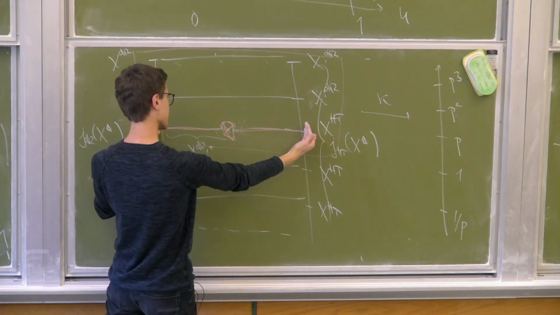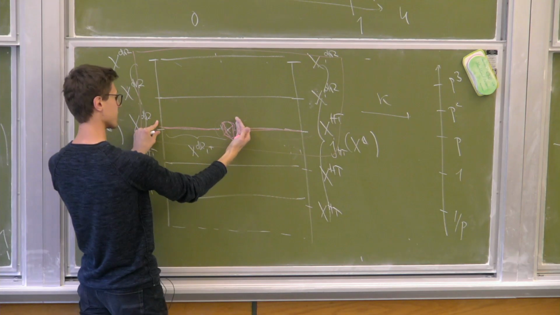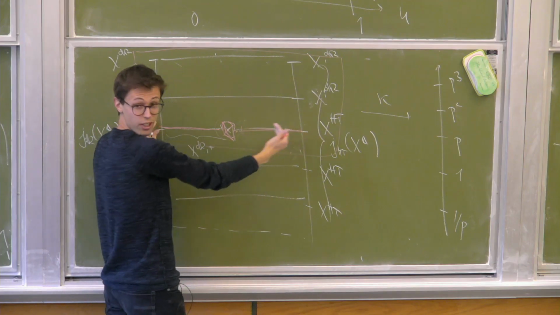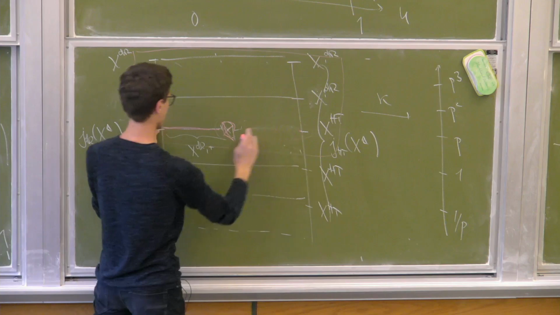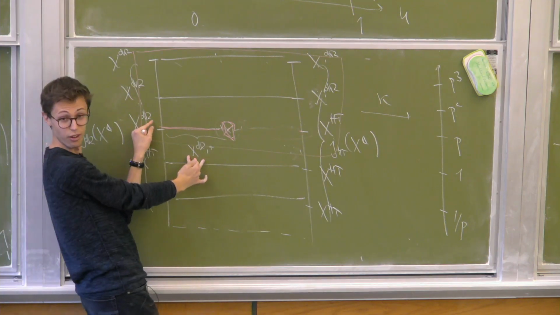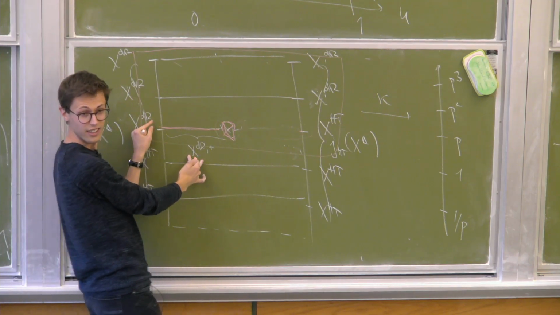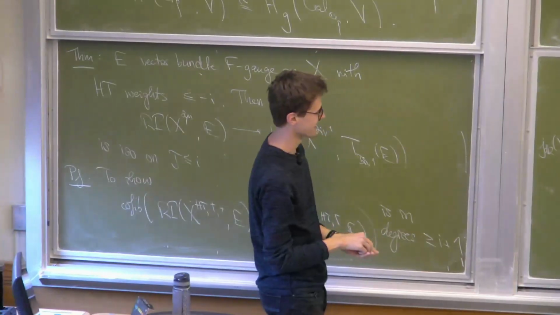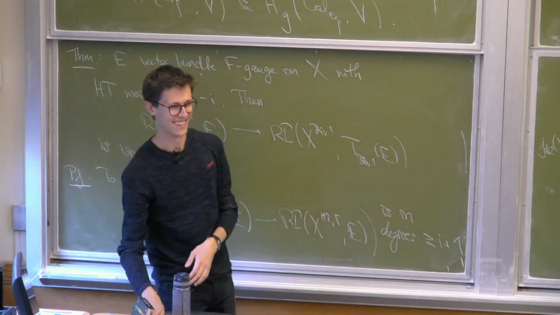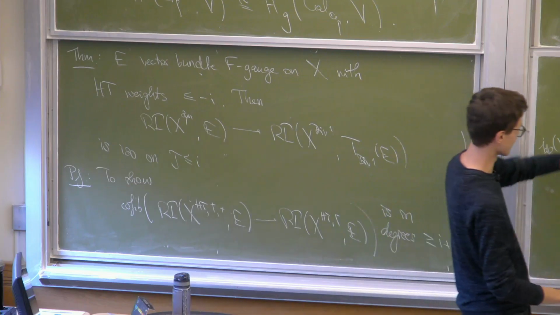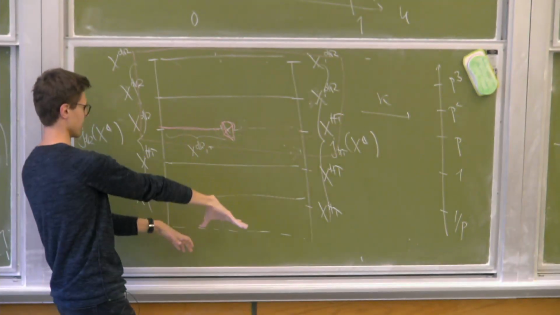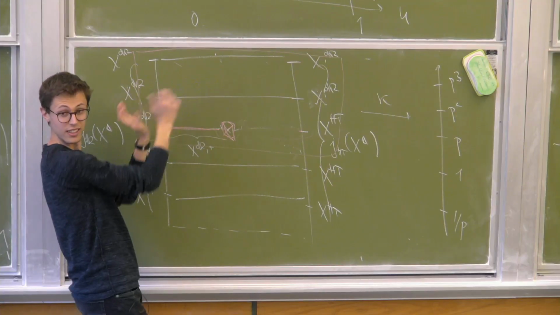But now, basically the idea is that I can retract this part, because it's just an interval again. And so in the end, I'm left with this thing, and this is the filtered de Rham stack. So this was the 5-minute version. And what I'm saying is that for the second part, you do the same argument, but downstairs and not upstairs.